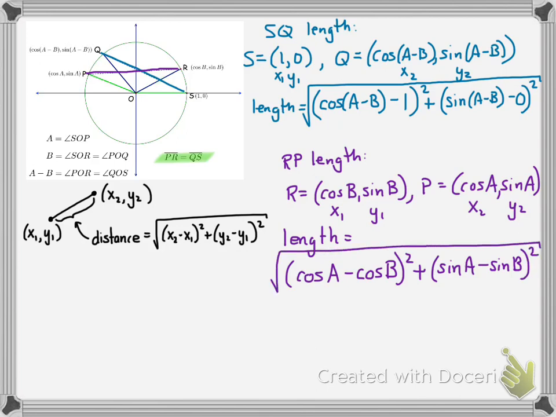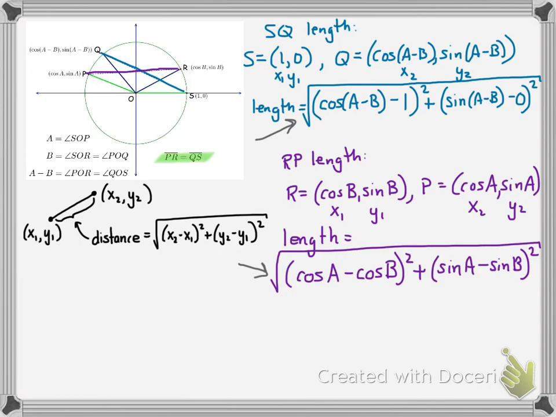Now, since our two segments are exactly the same length, I can set the formula for the length of SQ equal to the formula for the length of RP. So I'm going to write that down here.